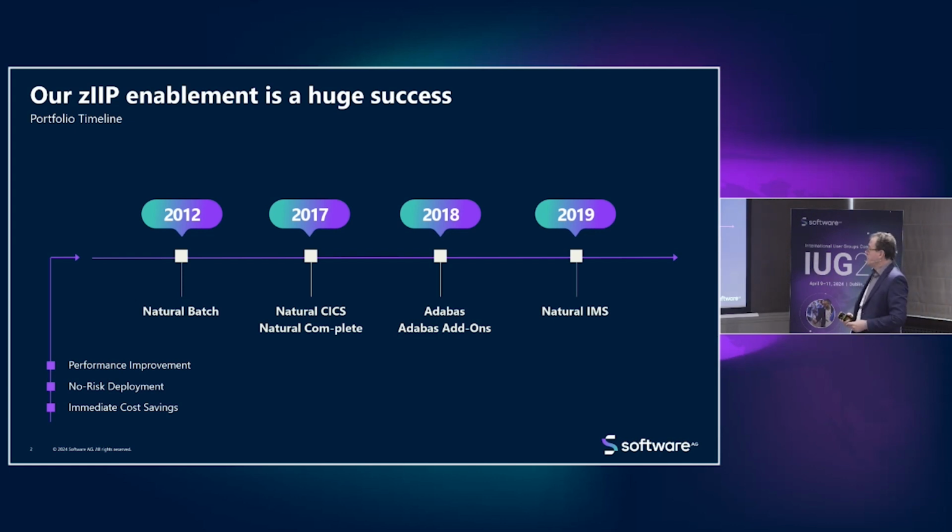And in 2019, Natural IMS also. We have some footprint of IMS installations, and then we decided also to cover Natural under IMS. And another thing that people like is that it's a no-risk deployment.